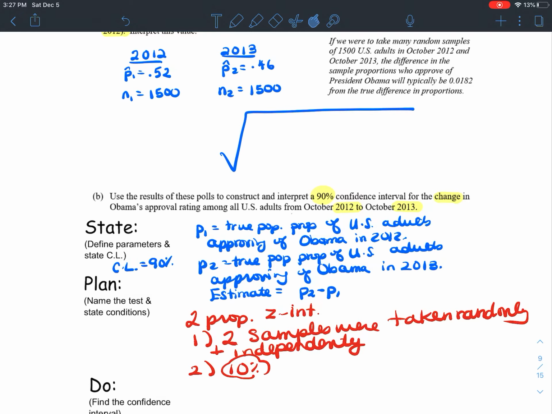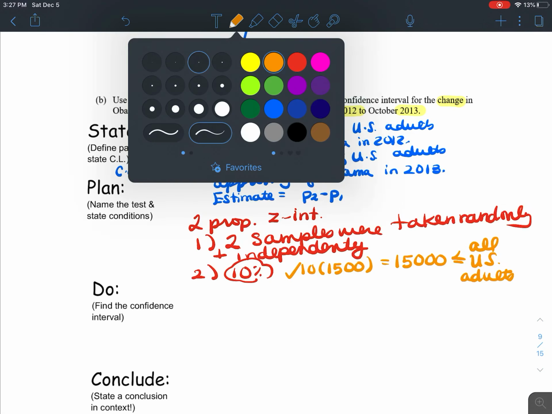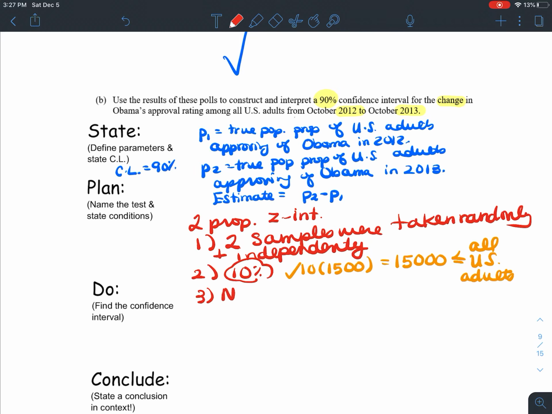Okay, 10% condition. We have to do this for each. So we're going to take 10 times. Now, I believe these sample sizes were both the same. So I'm just going to show this once. That is less than or equal to all U.S. adults. So that's good enough because that was the same for each.